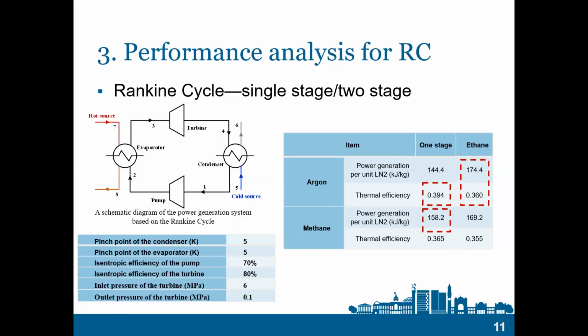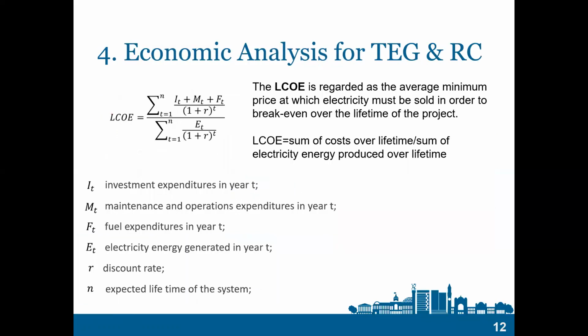But in most scenarios, we cannot only consider thermal efficiency; we also need to consider the economic performance. So we introduce the levelized cost of energy to evaluate the economic performance.